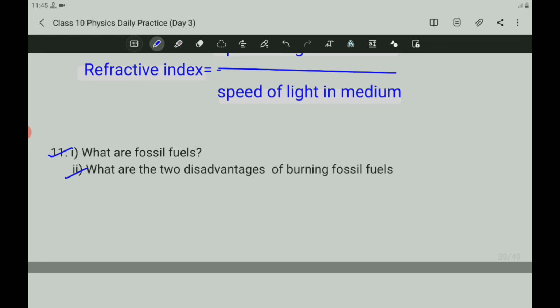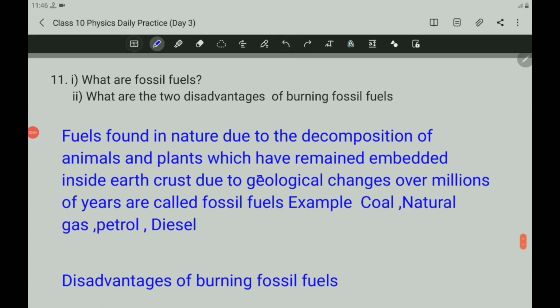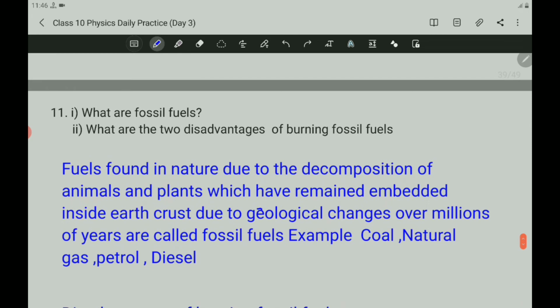So let us write in short about fossil fuels and the disadvantages of burning fossil fuels. So you write, what are fossil fuels? Fuels found in nature due to the decomposition of animals and plants which have remained embedded inside the earth due to geological changes over millions of years are called fossil fuels.